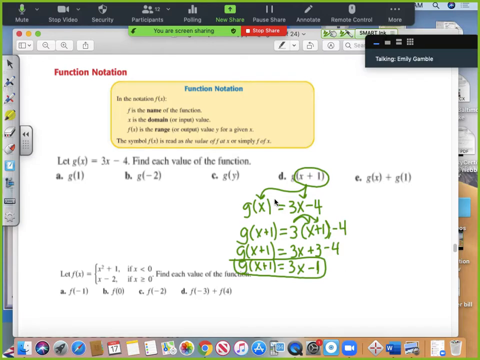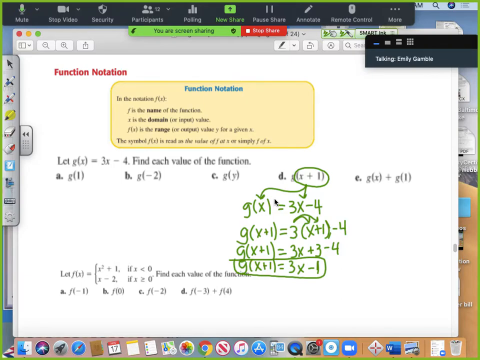And the last thing that we can do with functions is we can find a function by replacing a number in for this x, a number replacing in for this x, and then you can add them together. So in letter E, they want us to find what the function would be when we replace x in, and then what the function would be when we replace 1 in, and then we're going to add these two final answers together.